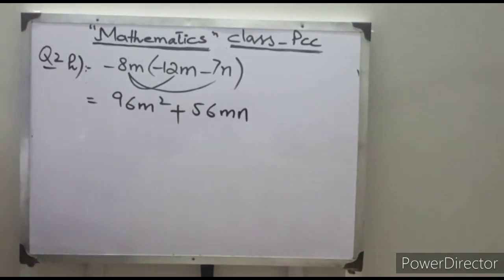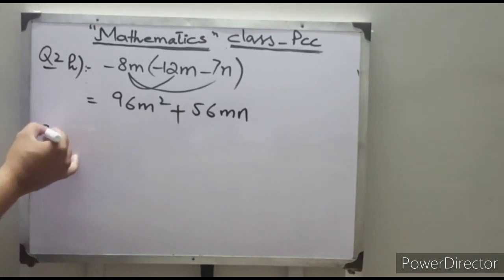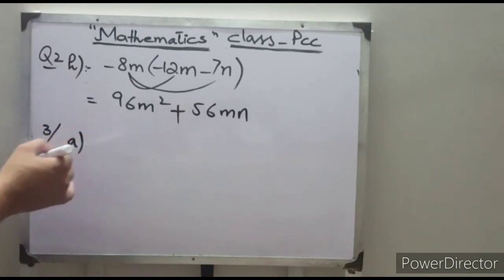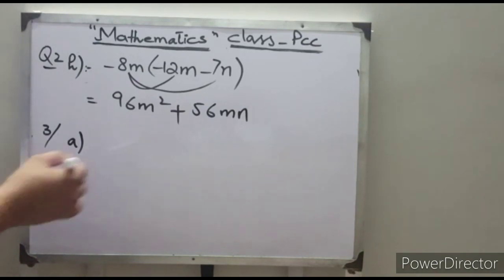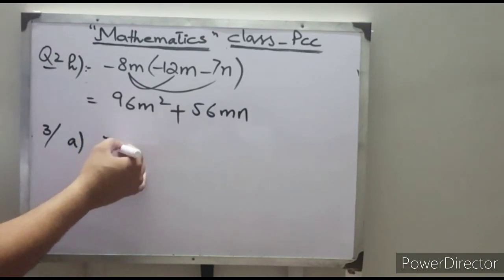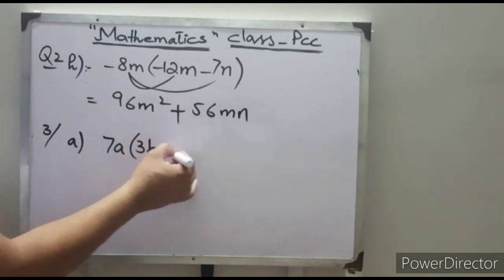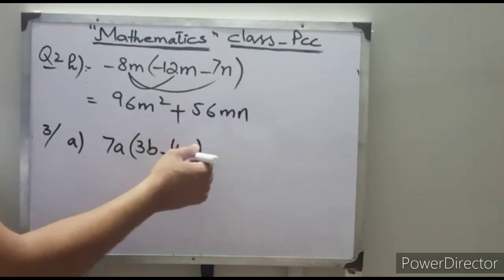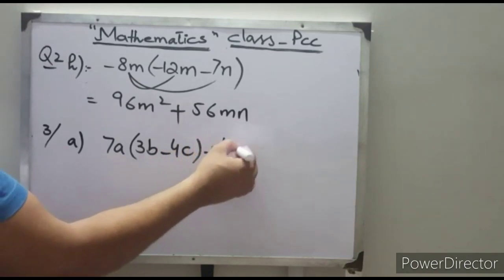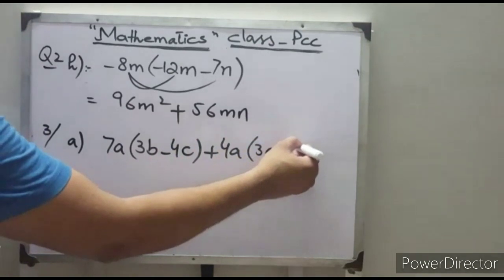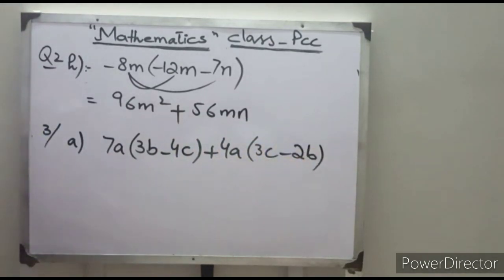Now boys, see one more question from question number 3, part A. The statement of the question is: expand and simplify the following expressions. 7a into 3b minus 4c plus 4a into 3c minus 2b.